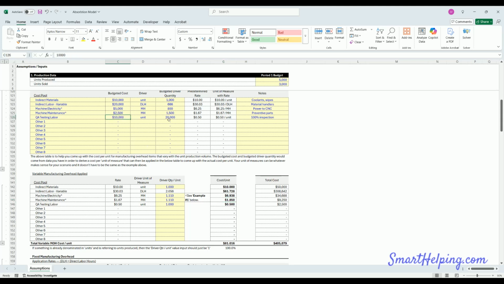And again, maybe it's driven off of this here. If $2,500 of maintenance, you can get 3,000 machine hours, and that will lower your cost. There we lowered it to 92 cents.